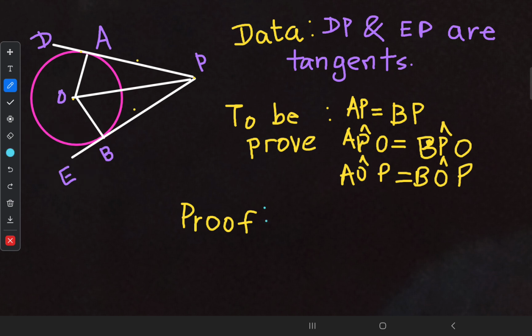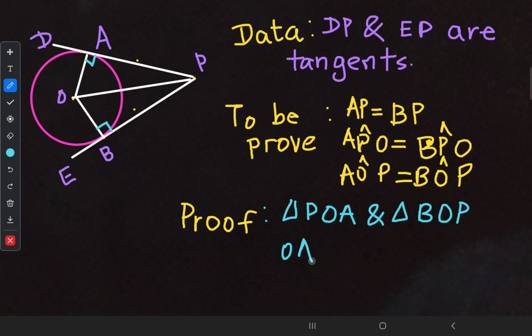For that, think about triangle POA and triangle BOP. In the triangles, we already know that these are perpendicular. We studied this theorem already. That means OAP equals OBP, because these two are right angles.